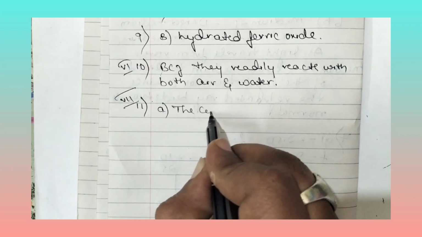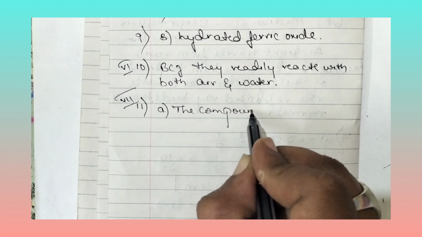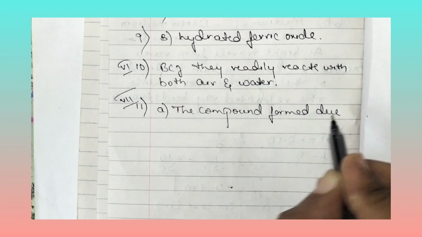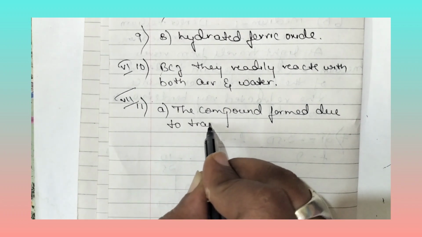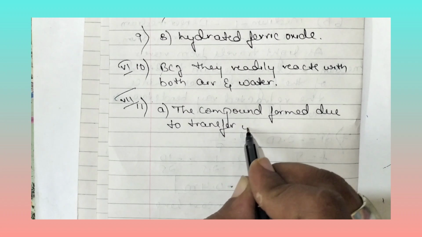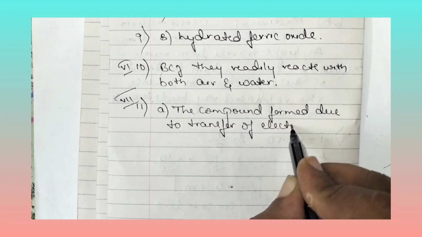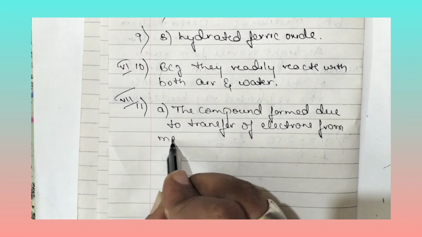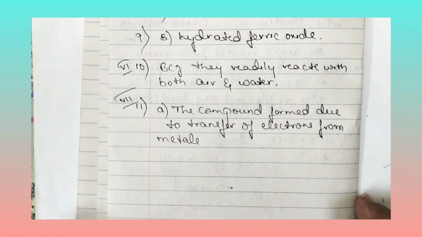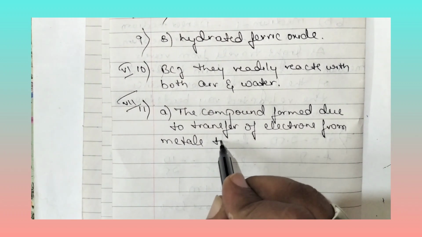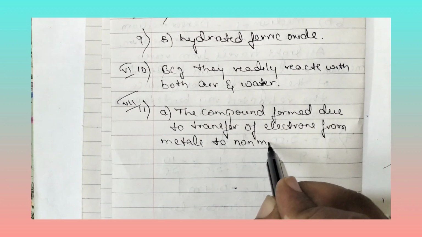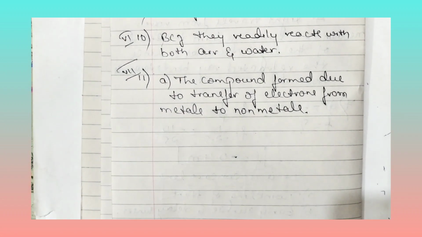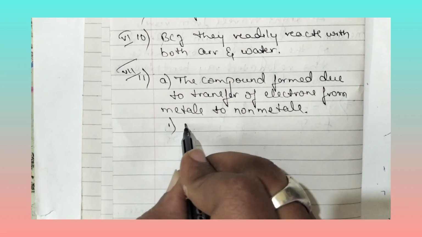The compound formed due to transfer of electrons from metals to non-metals. This is ionic compound.